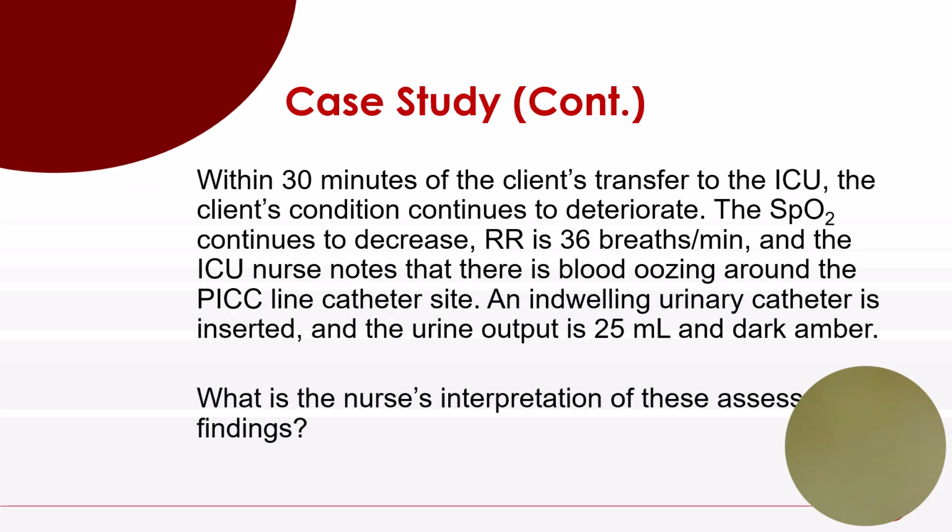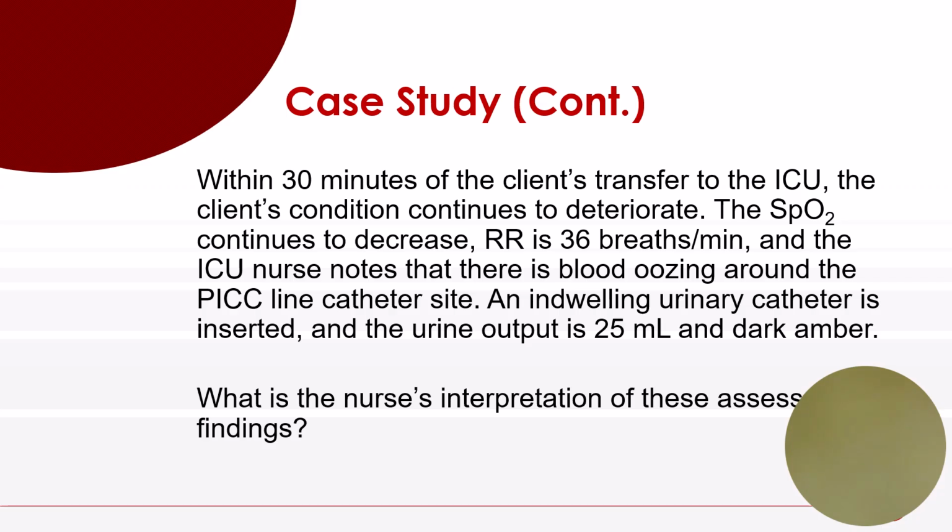Again, this client is most likely septic. We see the higher temperatures with sepsis than we do with just an infection. But we also have that low oxygen saturation, the elevated respiratory rate and heart rate, the low blood pressure.